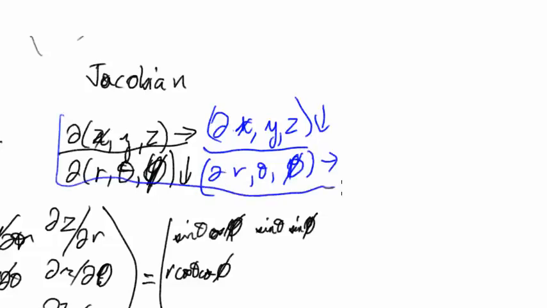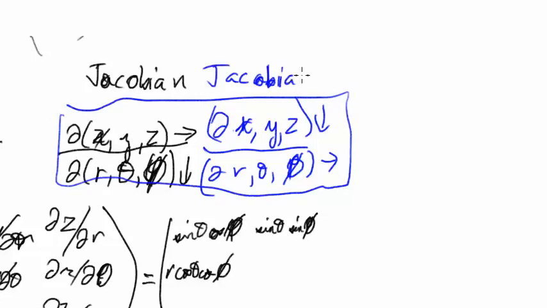This Jacobian times Jacobian inverse, transpose, is equal to the metric.